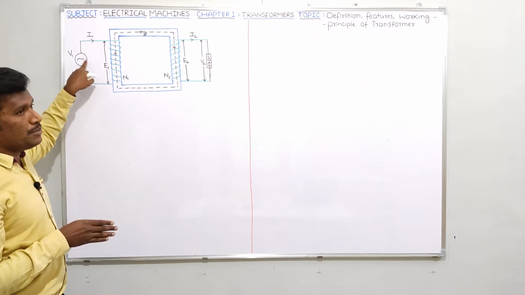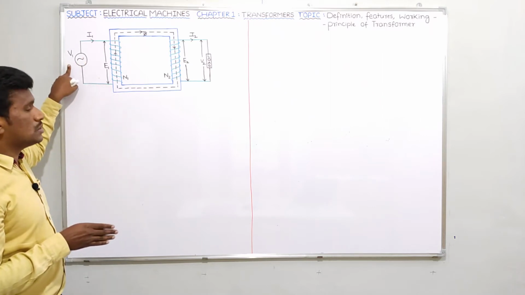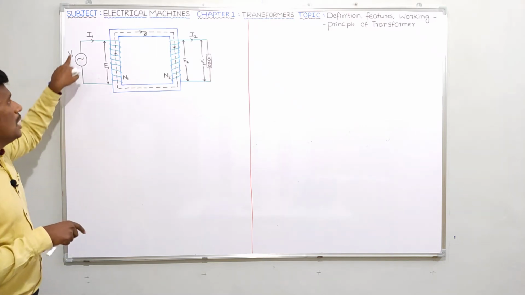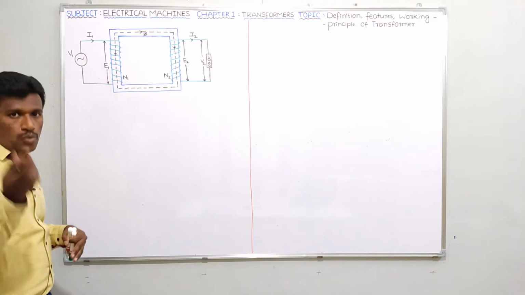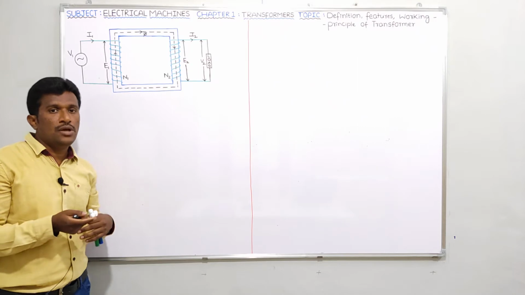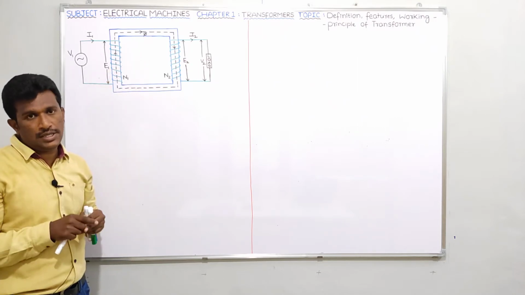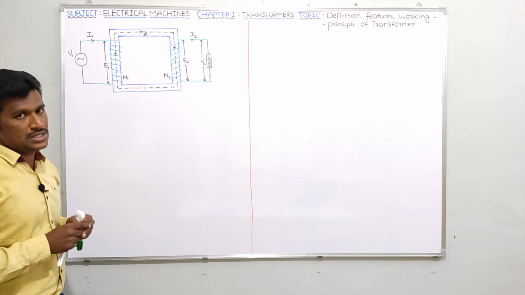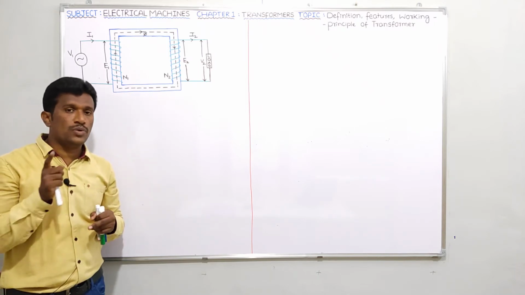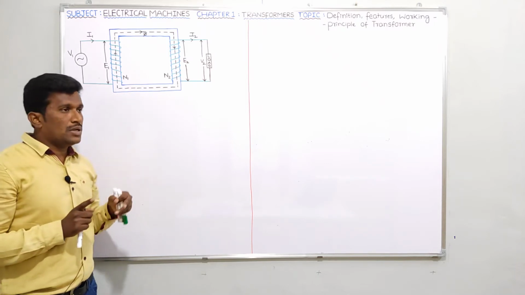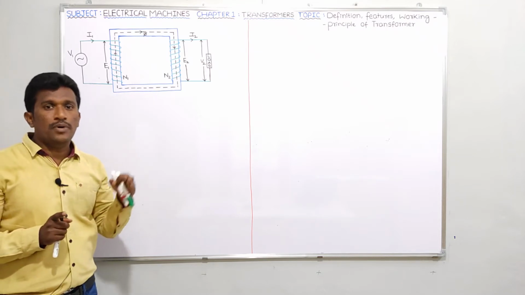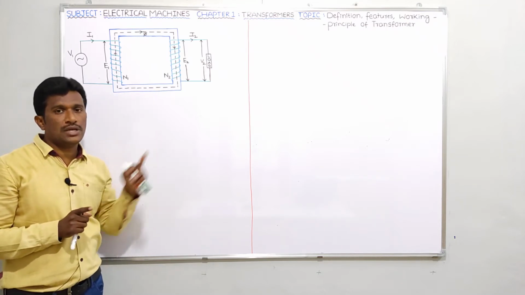Because the voltage source is time variant or AC, the current taken by the transformer, Imu, will be time variant or AC. The flux produced in the transformer core will be time variant or AC. I already discussed this in the basics videos, that's why I asked you to watch them first. So the rate of change of flux linkage will be possible here because the flux is time variant.